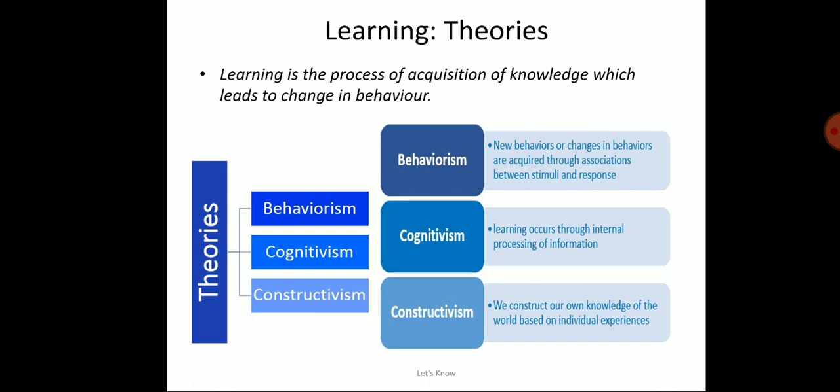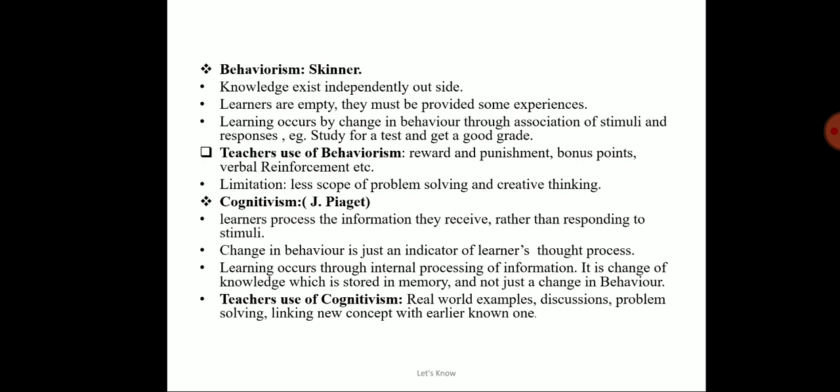And next one is cognitivism. Learning occurs through internal processing of information. Next one is constructivism. We construct our own knowledge of the world based on individual experiences. Constructivism actually says that learning occurs through individual experience. So in the next slide, a little bit more discussion will be there.